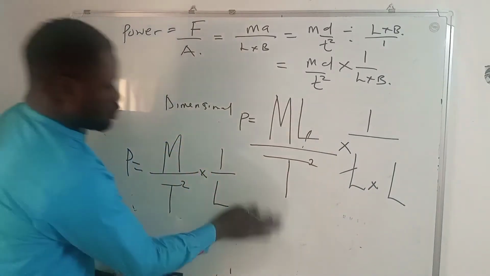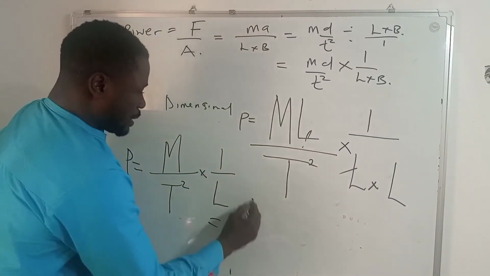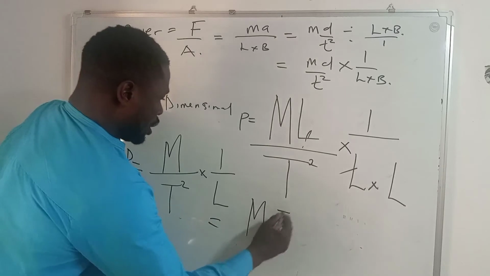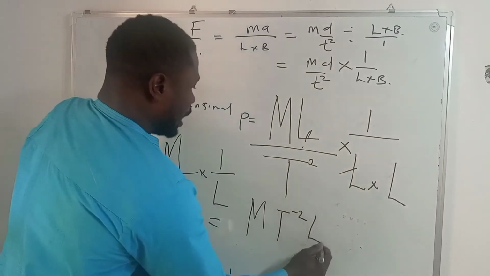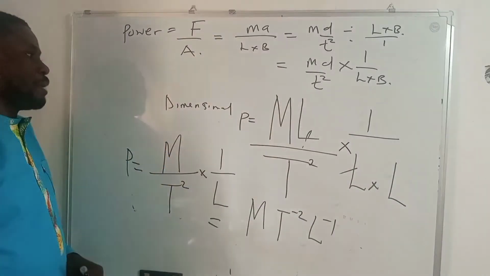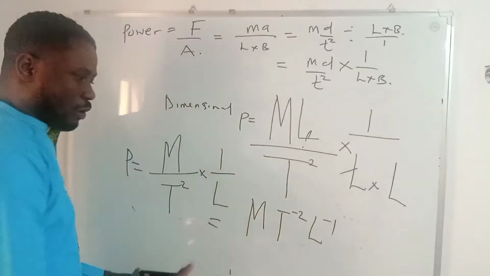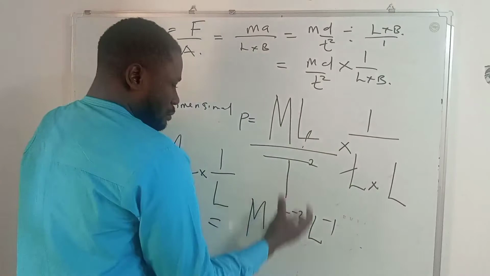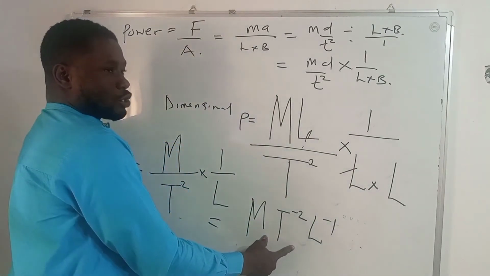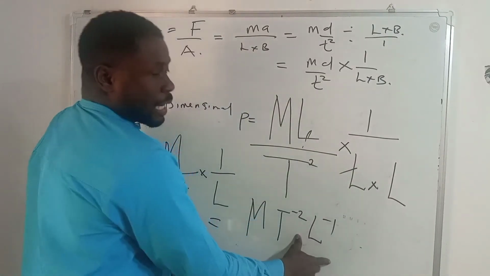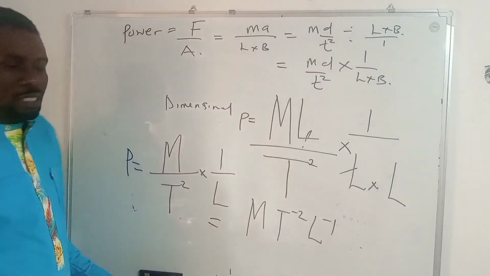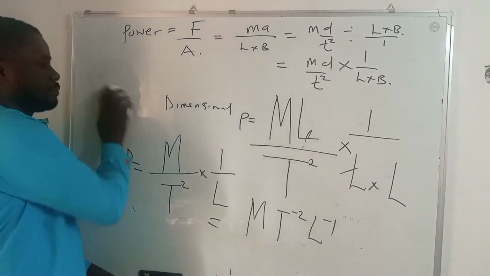So this will automatically be equal to capital M T minus 2 L minus 1. So this becomes the dimension of power. The dimension of power therefore is capital M, capital T minus 2, and then capital L minus 1. So that becomes the dimension of power.